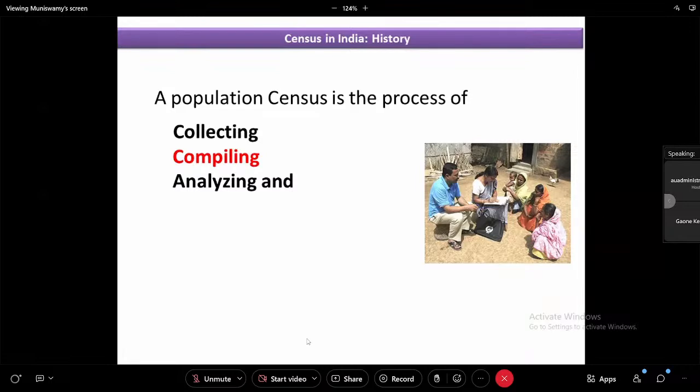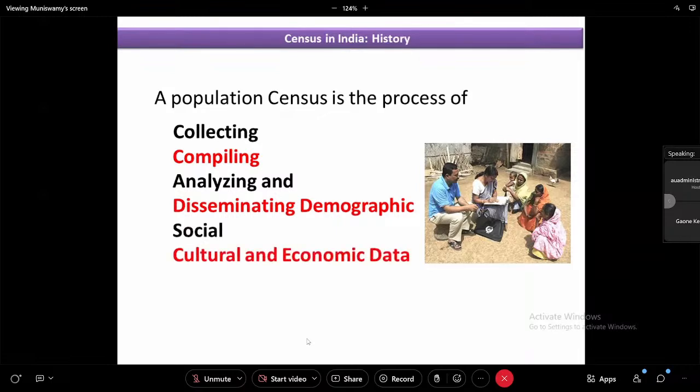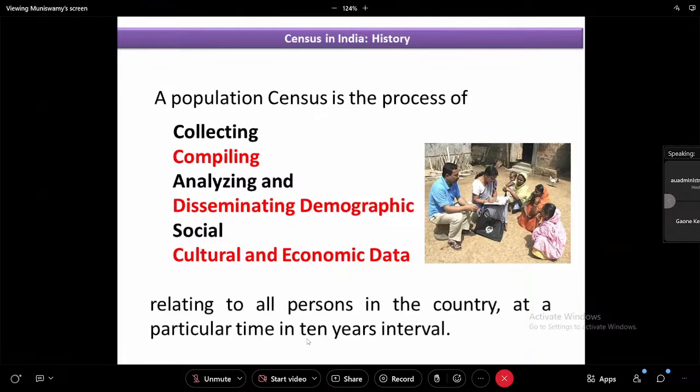After analyzing the data, next is disseminating the data, whether it is social, cultural, or economic data, relating to all persons in the country at a particular time, say every 10 years.